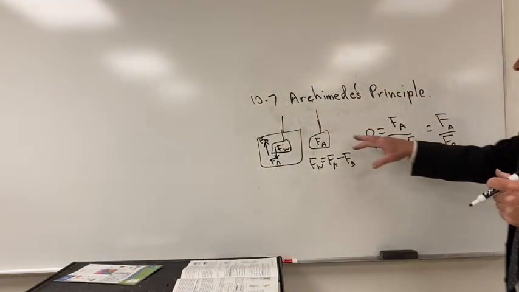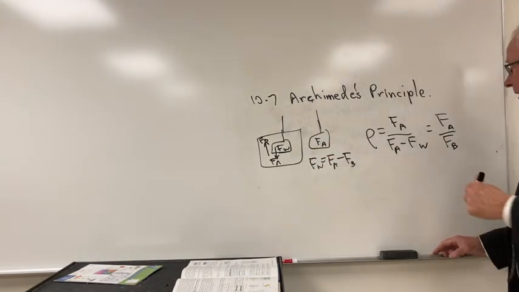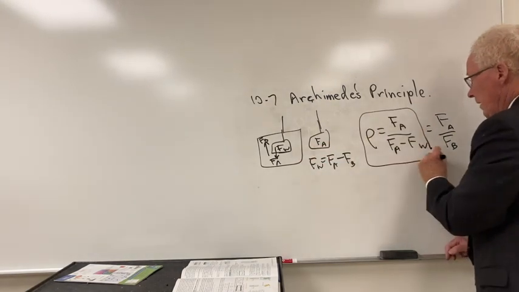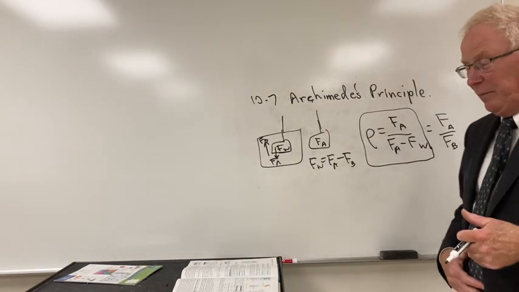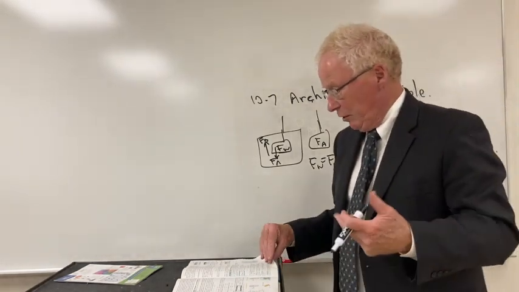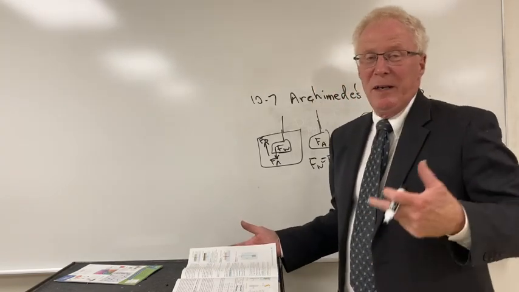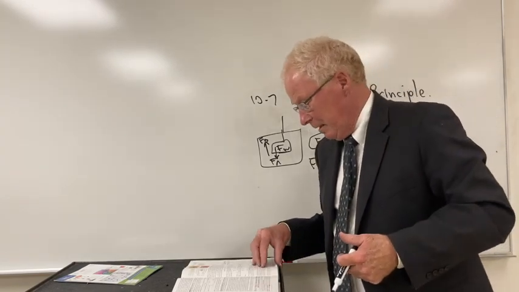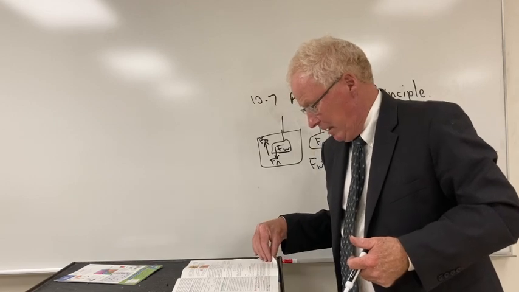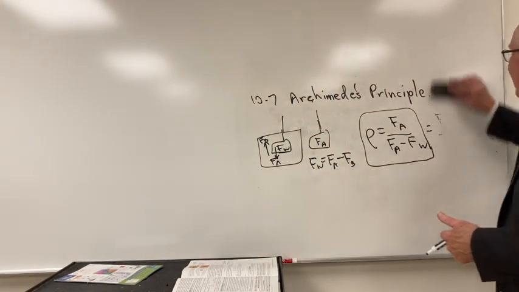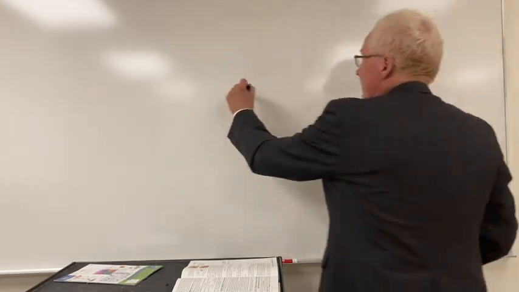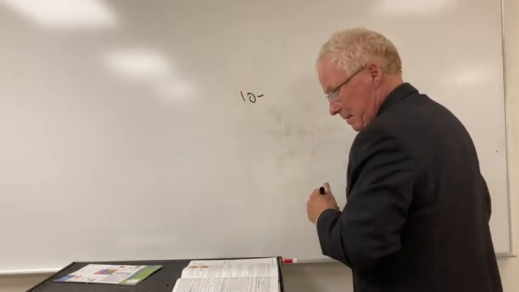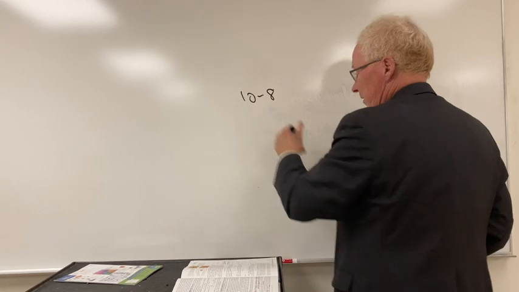We have to take the difference, and I went through some examples of that. So this is the expression for calculating density by weighing the object in water, like Archimedes did to discover whether a crown is made of gold or lead. Okay. So that's section 10.7, I should say.